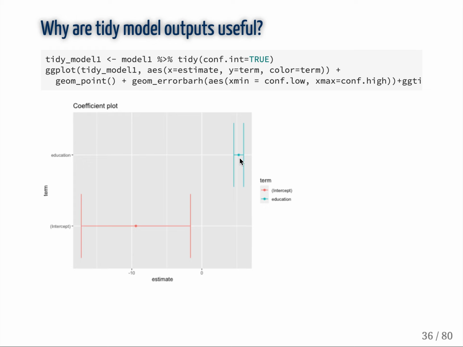And this is the point estimate of beta 1 hat, the point estimate of the coefficient related to the variable education, and this represents its confidence interval. You can see the confidence interval of beta 1 is smaller than the confidence interval of beta naught.